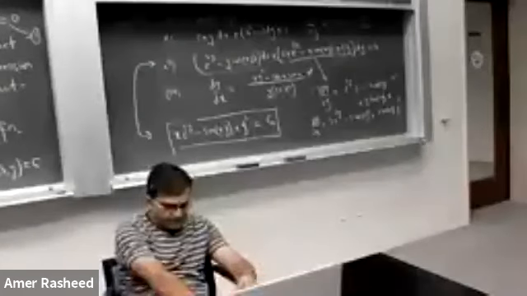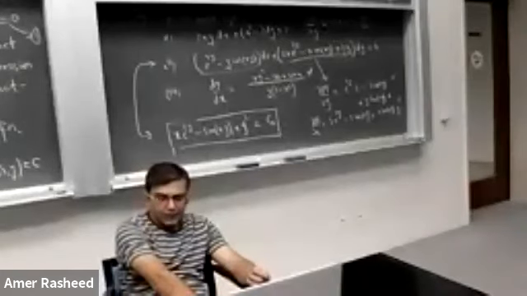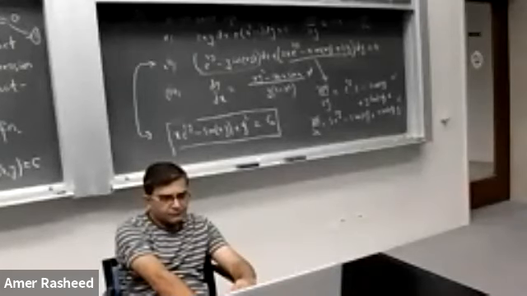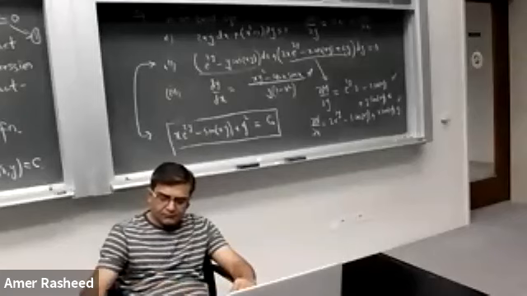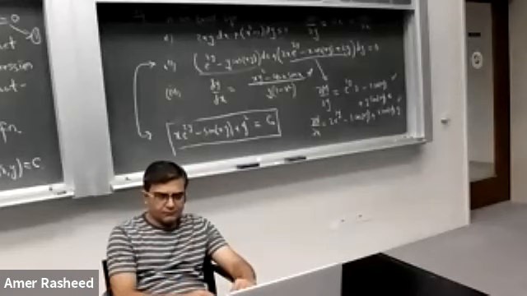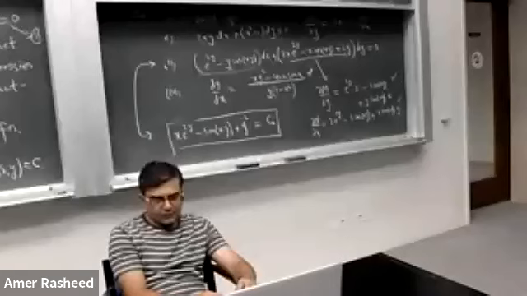Don't have any confusion? Have you solved that exercise? Anyone? Can you tell me the answer? Yes, sir. Minus 1 over 4 cos 2x minus x square y square by 2 plus y square by 2.